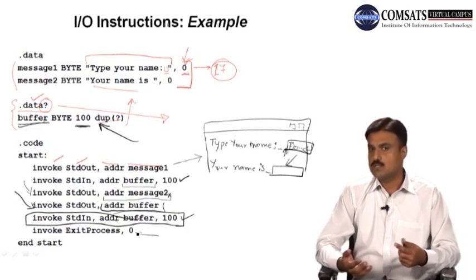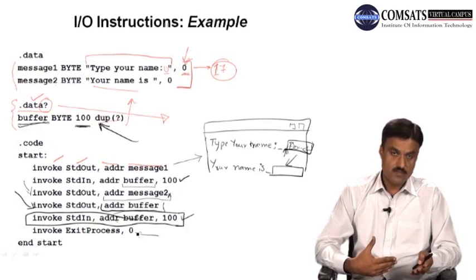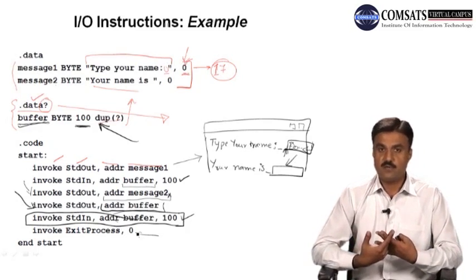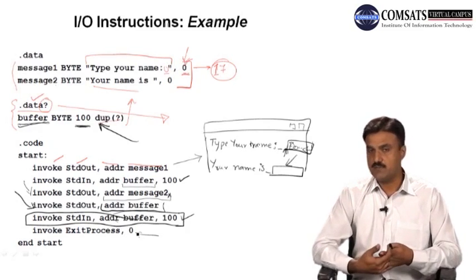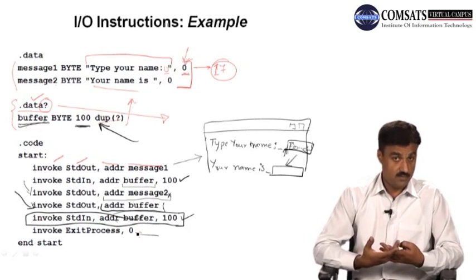For example, whatever we receive from the keyboard, we may want to transfer it into a register. We are receiving it in a text format. Sometimes we input hexadecimal numbers or decimal numbers, and we store them inside variables.